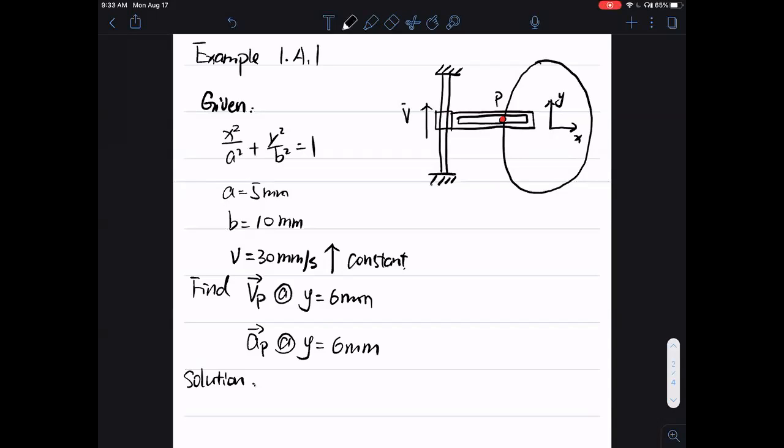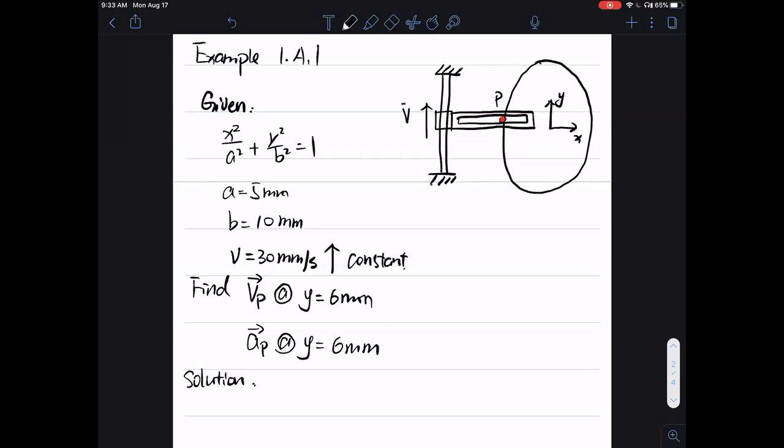How about path? What are the things unique to path? Rate of change of speed. Do we have anything about rate of change of speed here? We only know the speed, but that's not a rate of change of speed.